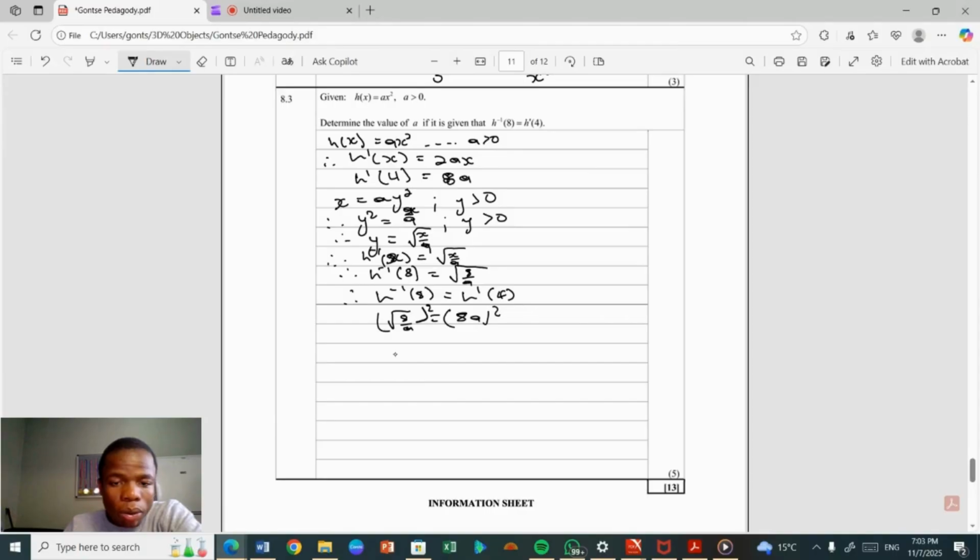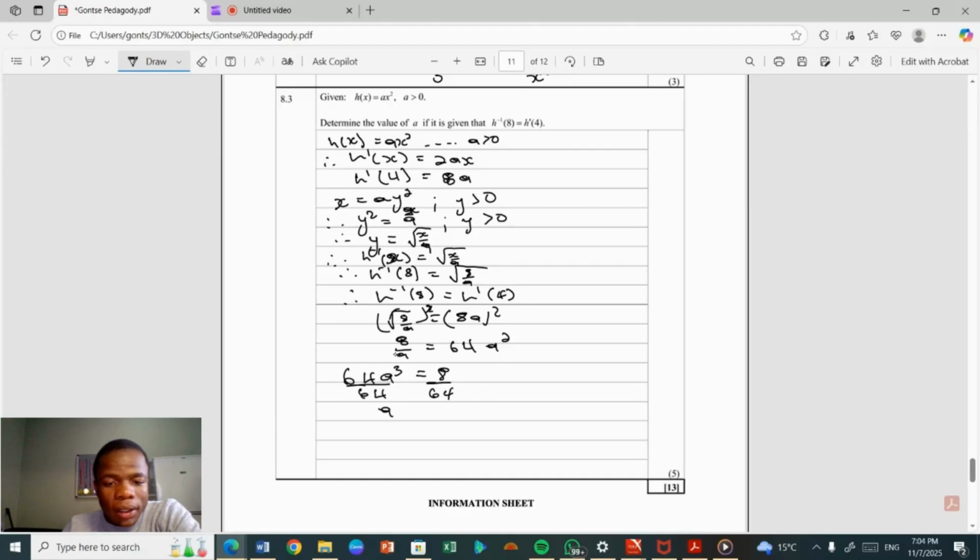Put square root on both sides. Square root, square root. Then from here, this will cancel this. You are left with 8 over a is equal to what? Is equal to 8 squared, which is 64a squared. Then from here, what do you do? From here, cross multiplication or whatsoever that you can do. Cross multiplication, it's 64a to the power of 3 is equal to 8. Then you divide both sides by 64.